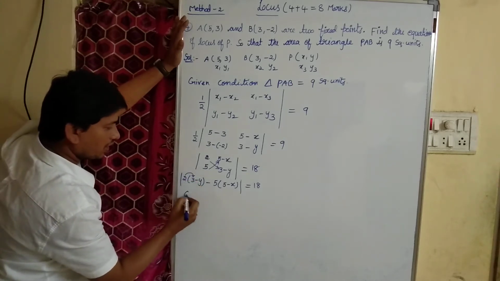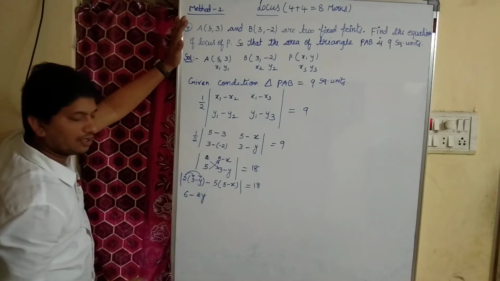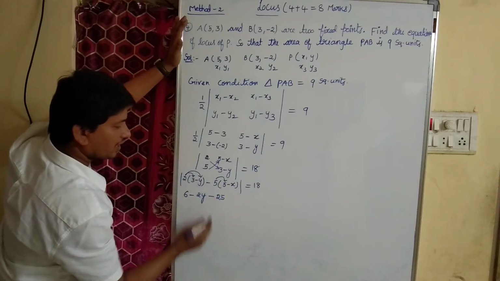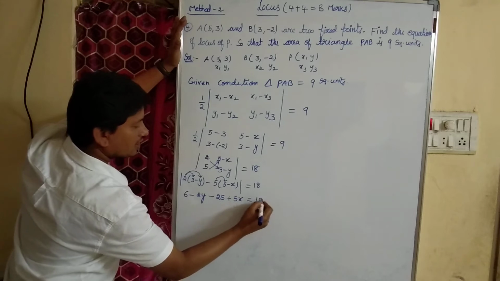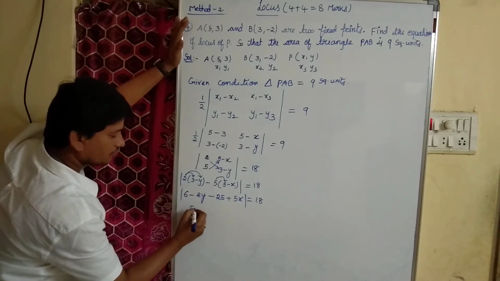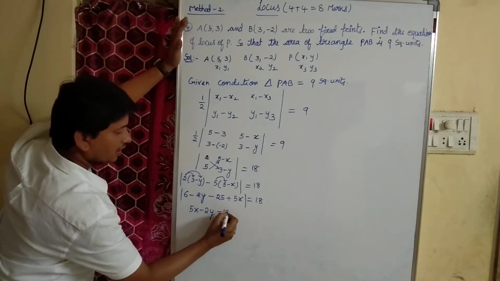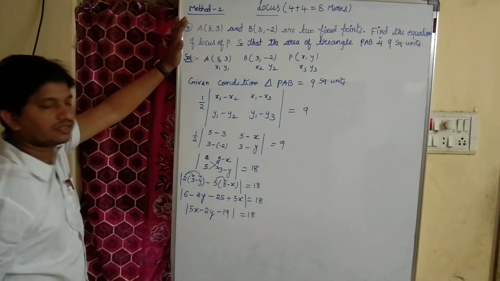So 2 into 3 is 6, minus 2 into y, 2y, minus 5 into 5, 25, minus into minus plus 5 into x, 5x, that is equal to 18. So 5x and then minus 2y, and 6 minus 25, that is minus 19, is equal to 18 square units.